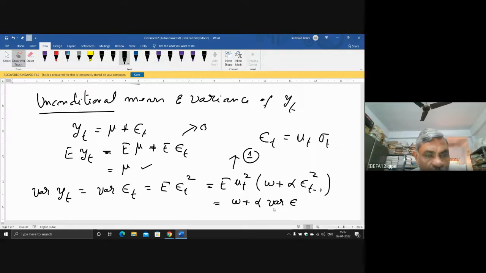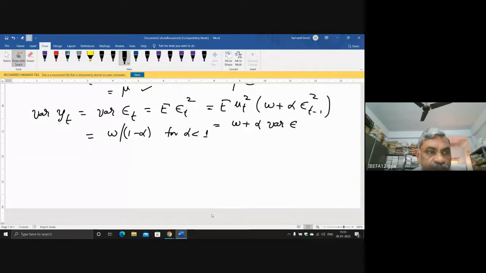By rearranging the terms, you get the variance of yt is nothing but omega upon 1 minus alpha. Just rearrange the terms, for alpha less than 1. This is for a stationary process. So you can see that these two are not one and the same.